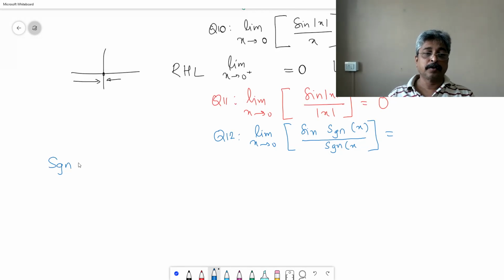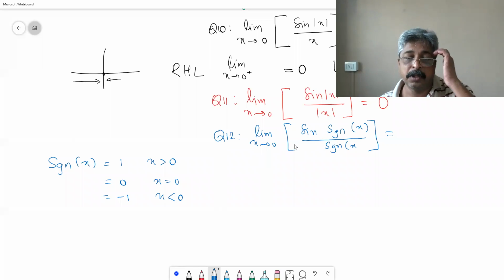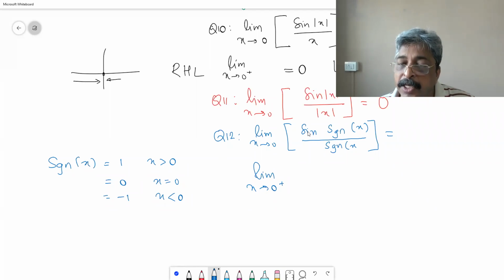One if x is greater than 0, minus 1 if x is less than 0, and 0 if x is equal to 0. Okay, so if limit x tends to 0 plus, the signum is going to be equal to 1, sin of 1 divided by 1, correct?